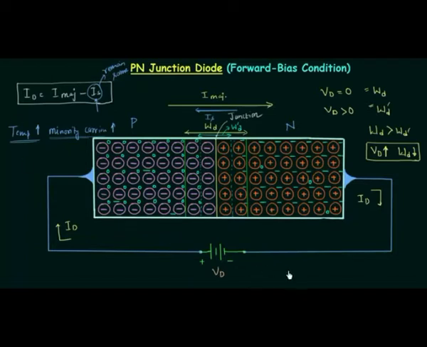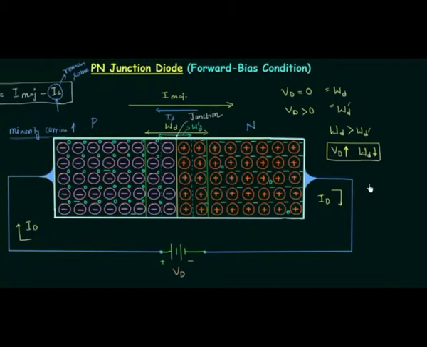Let me write this down. Width of depletion layer is reducing, so the barrier potential is also reducing. And let's say initially the barrier potential was VB. So the new barrier potential is equal to VB minus VD, where VD is the applied forward bias voltage.